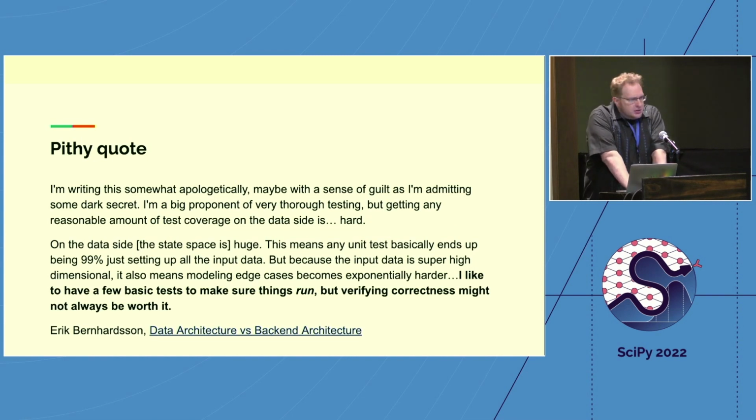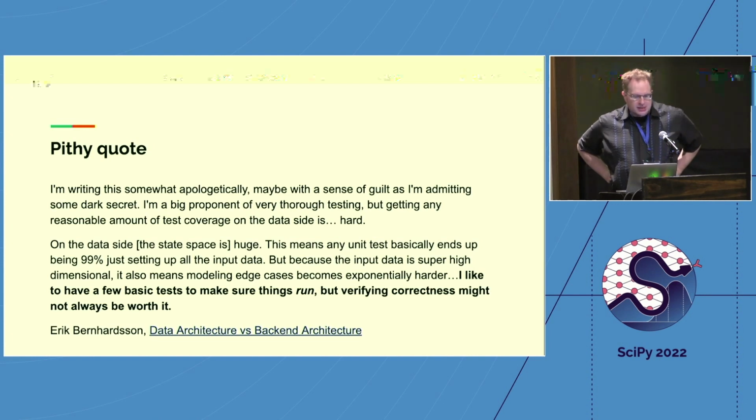There was this really good article by Eric Bernardson that I'm just going to go through this entire quote because I think it really gets to the heart of the matter. I'm writing this somewhat apologetically, maybe with a sense of guilt as I'm admitting some dark secret. I'm a big proponent of very thorough testing, but getting any reasonable amount of test coverage on the data side is hard.